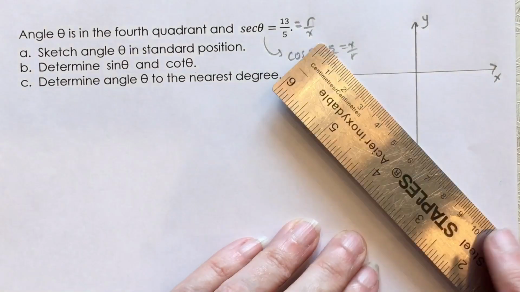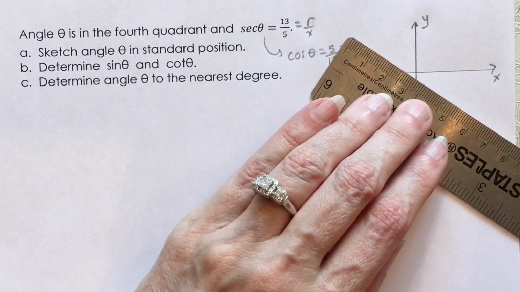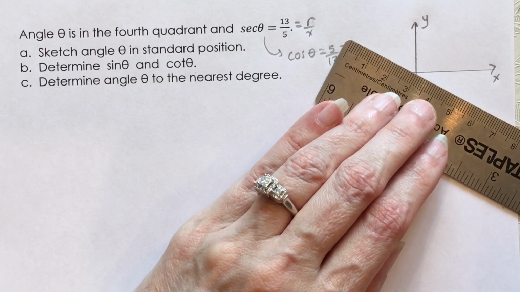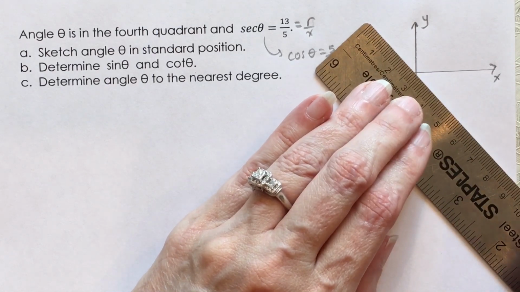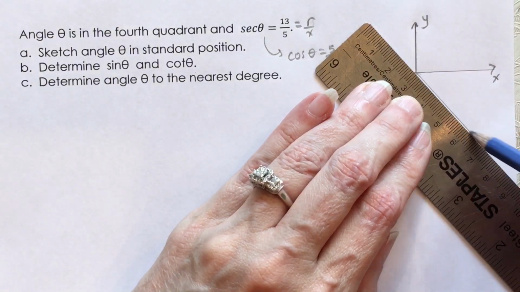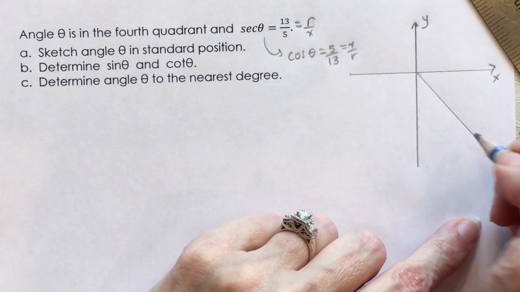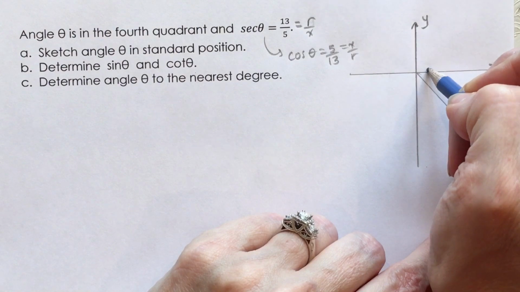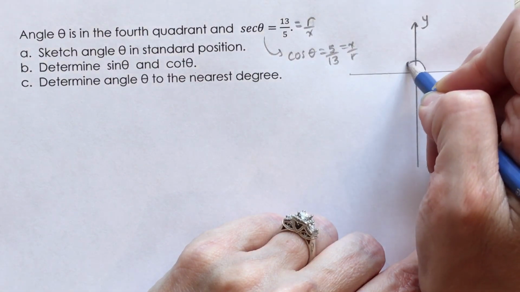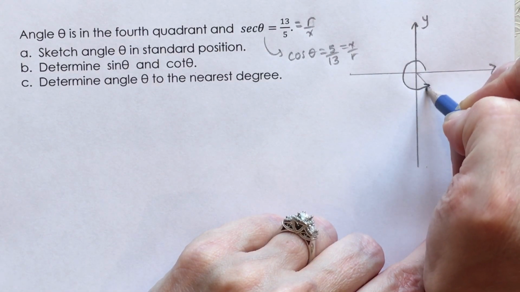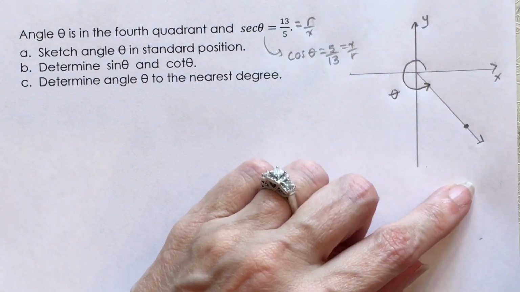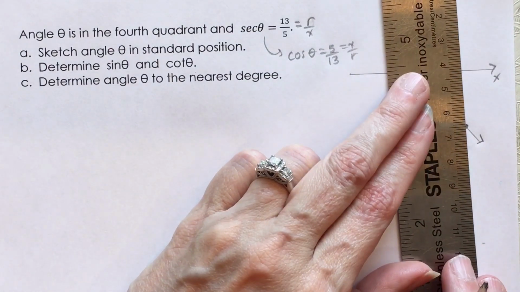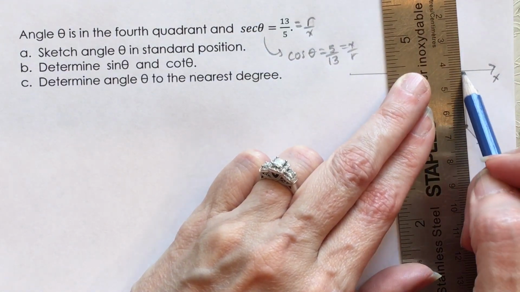So I can draw my terminal arm in the fourth quadrant. Just a representative diagram. My angle is going to be all the way from the positive x-axis around to the terminal arm. This is theta. Then we're always going to create our right triangle with the x-axis.